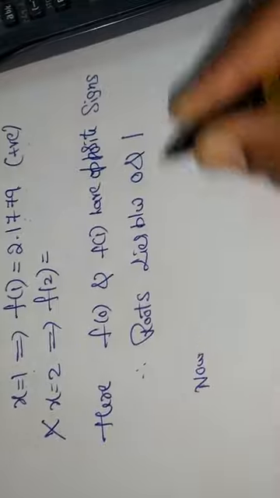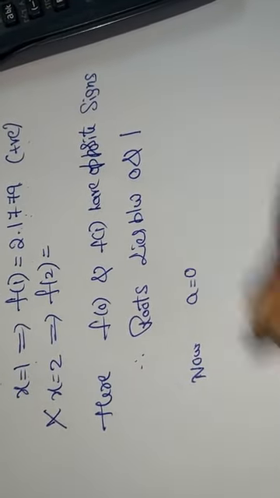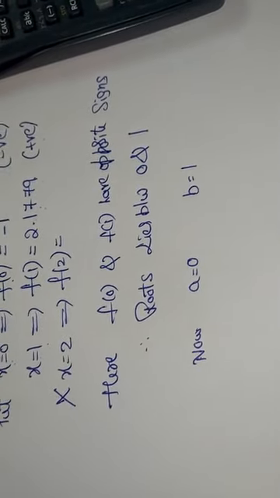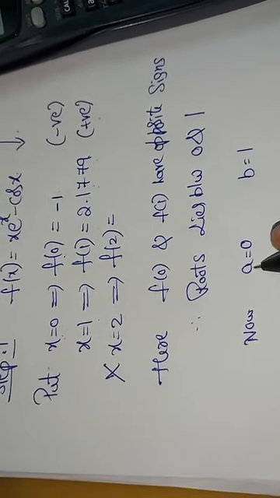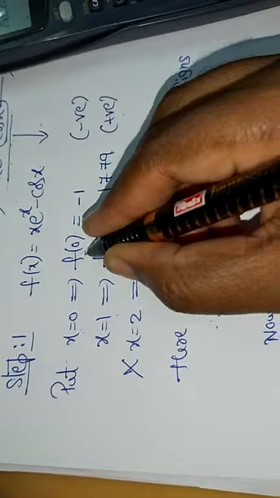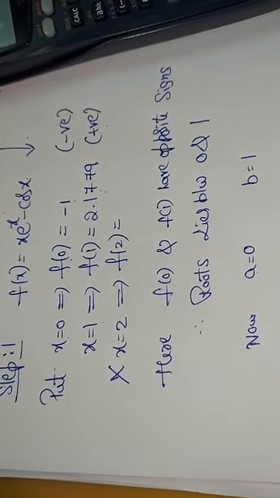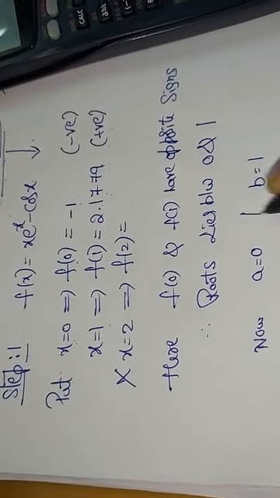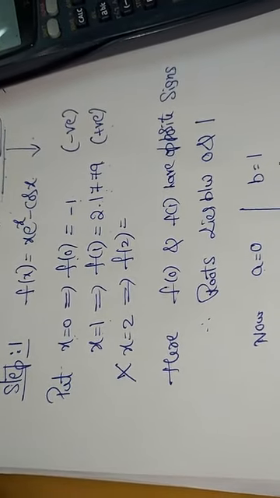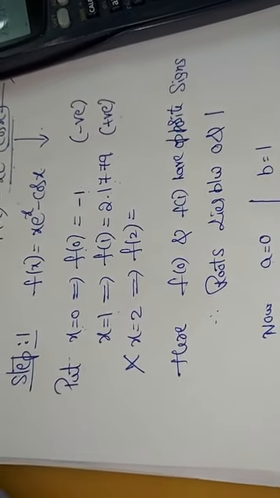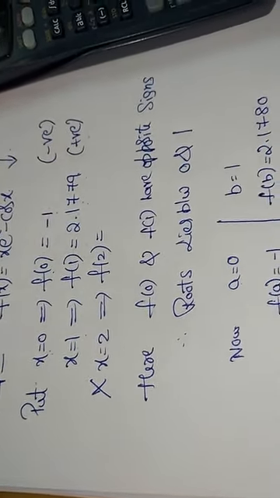Now, what is the value of a? 0. What is the value of b? 1. Substituting a equal to 0, f of a is minus 1 and f of b is 2.1780.